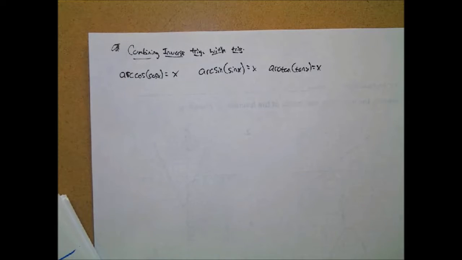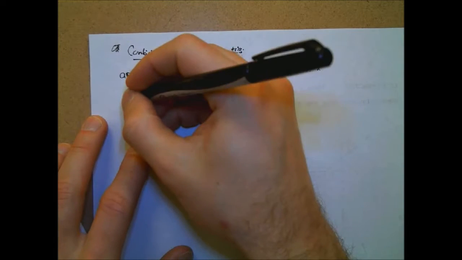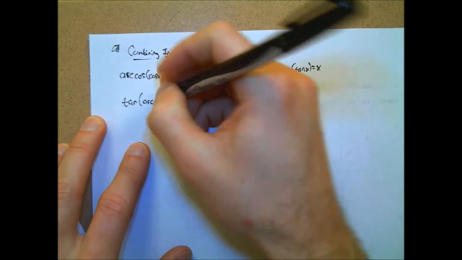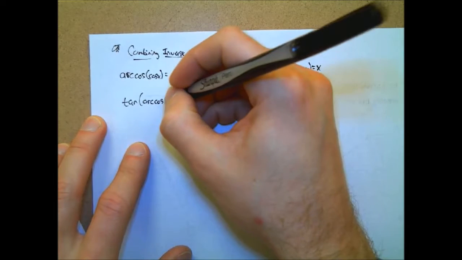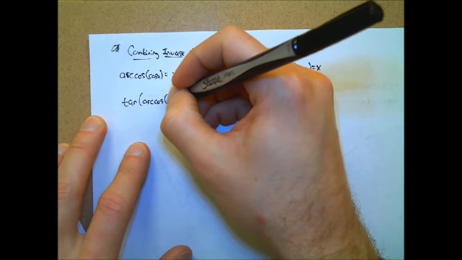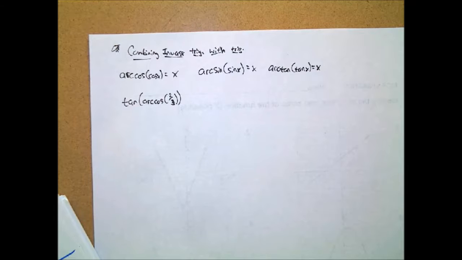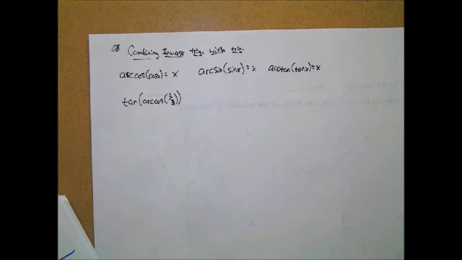What about tangent of the arc cosine of 2/3? Are tangent and arc cosine inverses of each other? No, so they don't cancel each other out. But we can still evaluate this, believe it or not. Let me show you how we can do that.